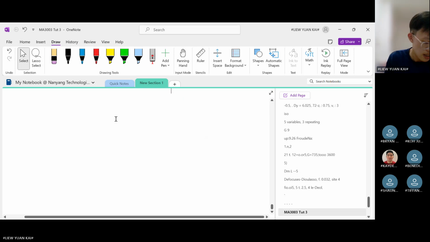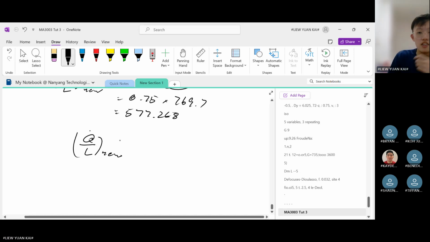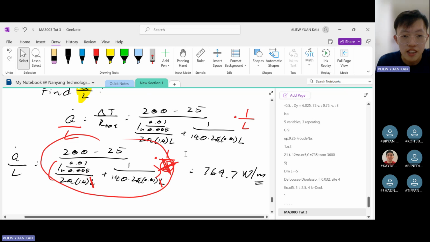Now, how do we find Q per L new, the new one? Again, you just use the Ohm's law from earlier. In fact, we can just copy from the working that we got earlier.